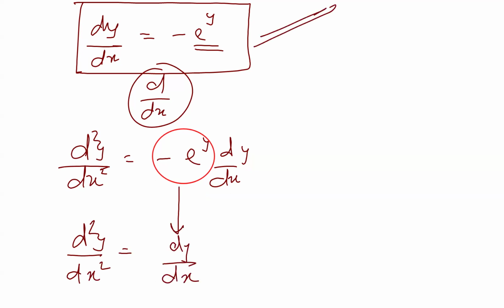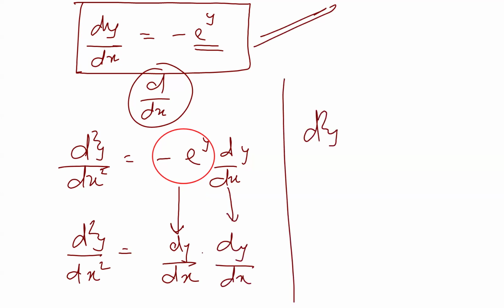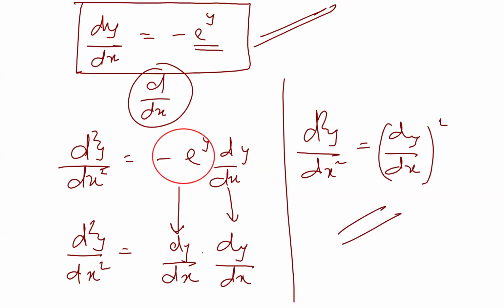See, it's over here, into dy by dx. So d square y by dx square is equal to dy by dx the whole square. That's it. The proof is over. Right? dy by dx into dy by dx is dy by dx the whole square. This is multiplication. Okay.